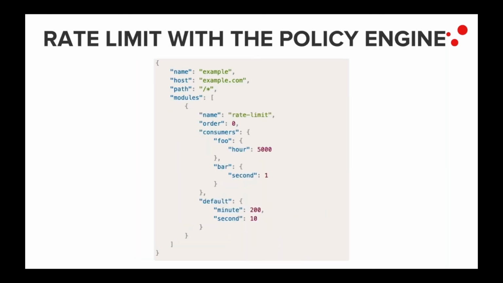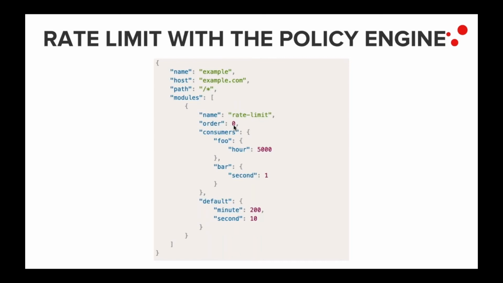And another example I'd like to provide is the rate limit with the policy engine. Again, that's nothing else but a module. The endpoint is called example, and the host is example.com, and the path is / well, anything else under the slash. The module is the rate limit.